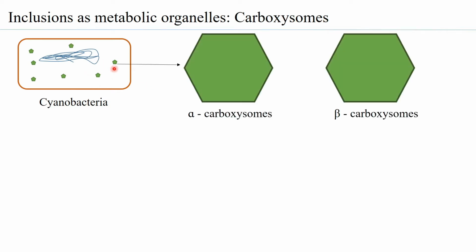A higher resolution of these carboxysomes shows that there are two different types, alpha carboxysomes and beta carboxysomes. These carboxysomes are generally three-dimensional polyhedral structures. And within these polyhedral structures is present rubisco, that is ribulose bisphosphate carboxylase or oxygenase, one of the major enzymes involved in carbon dioxide fixation.